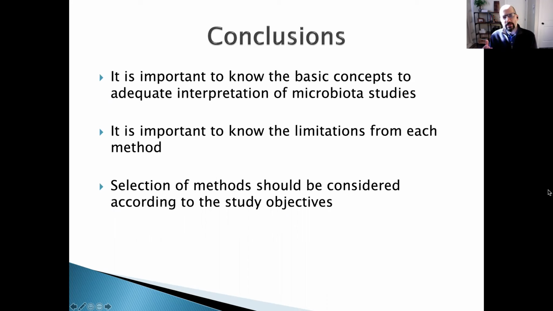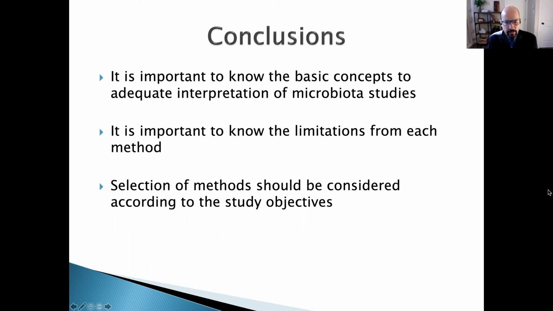So it's very important to know the limitations, and when you read a paper, and this is what we're going to train during this course, you're going to bring it to me, and I'm going to ask you questions. I'm going to challenge you to ask what type of analysis they did and what the limitations are, looking at the many different aspects of the studies.